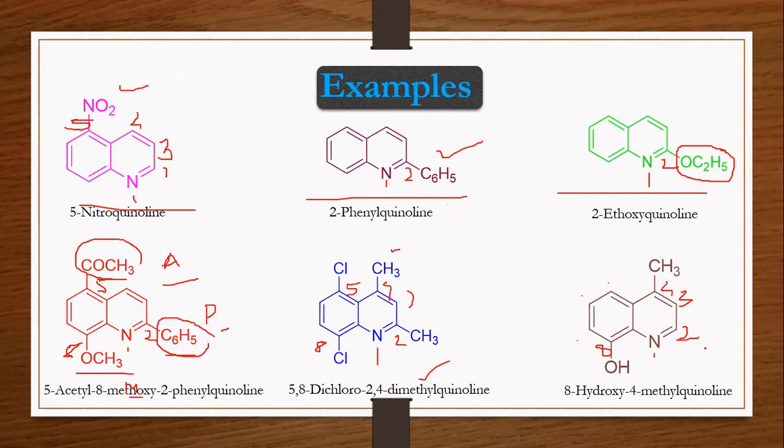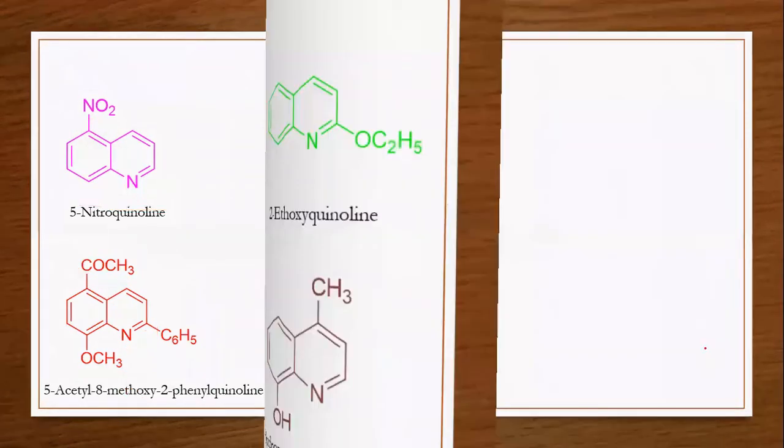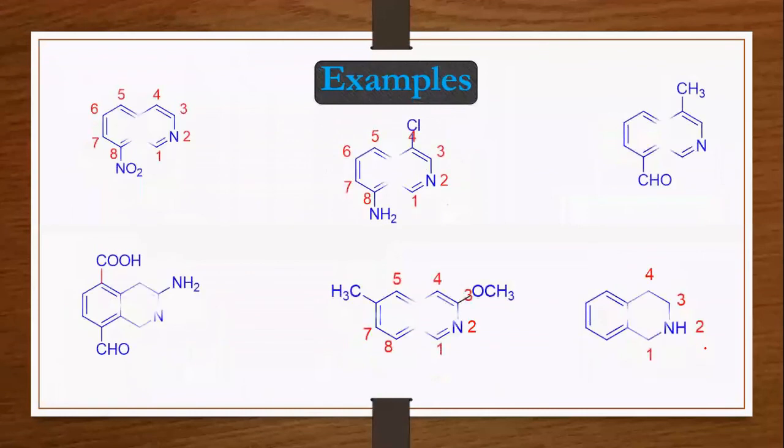Now we'll see the IUPAC nomenclature of isoquinolines. Okay, now as per the rules, the numbering is started from this carbon atom, which is in between this fused carbon atom and nitrogen.